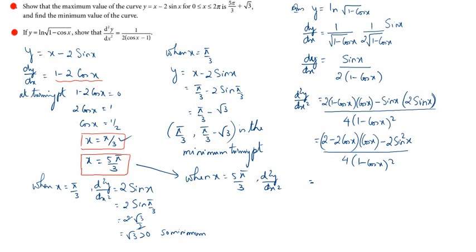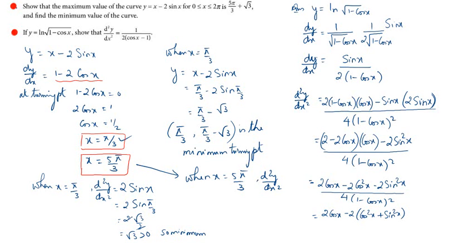So this is equal to 2 cos x expanding, minus 2 cos squared x minus 2 sin squared x, by 4 into 1 minus cos x the whole squared. So this is equal to 2 cos x. Here you can see, if we take minus 2, this will become cos squared x plus sin squared x.